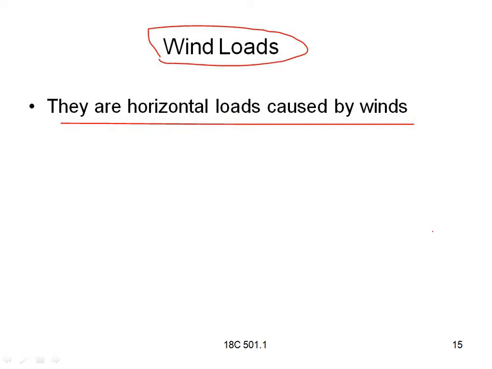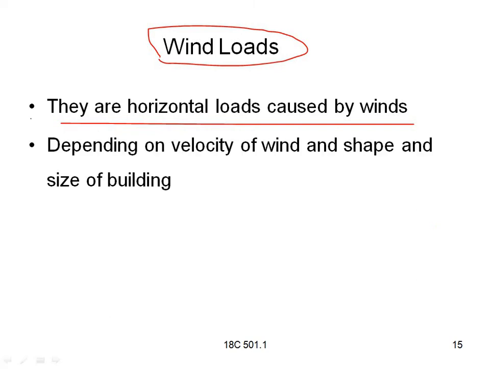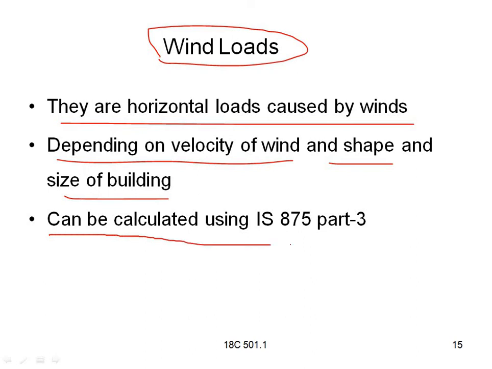To resist these wind loads, we take constant values, depending upon the velocity of wind and the shape and size of the building. So the wind load will change. It can be calculated using IS 875 Part 3. Remember, this is very important for competitive examinations also.